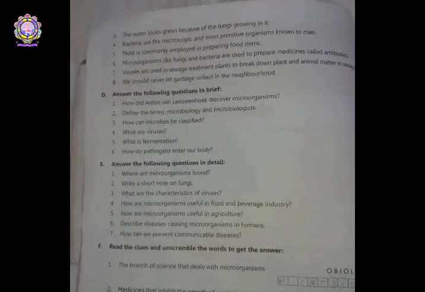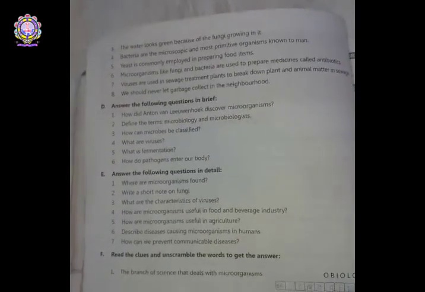This bacteria converts the nitrogen into nitrate form and provides it to the pulse plant. For this reason many microorganisms are useful in agriculture. The main reason is nitrogen. This process is called nitrogen fixation. So microbes play a very important role in nitrogen fixation.